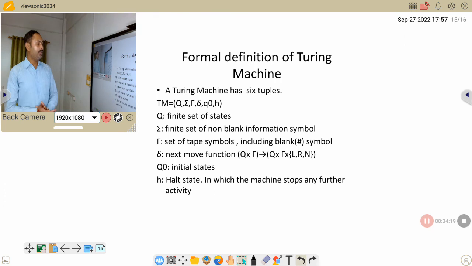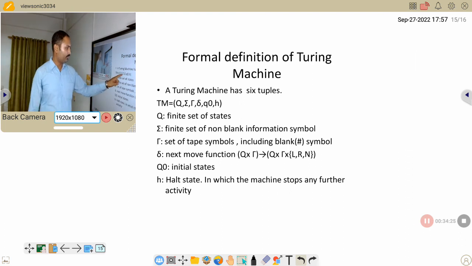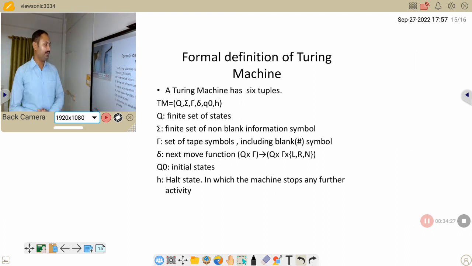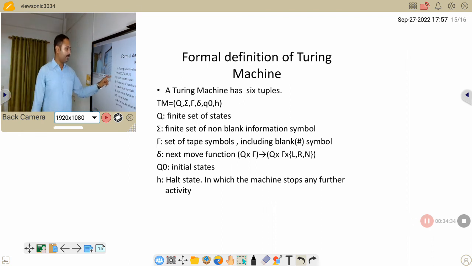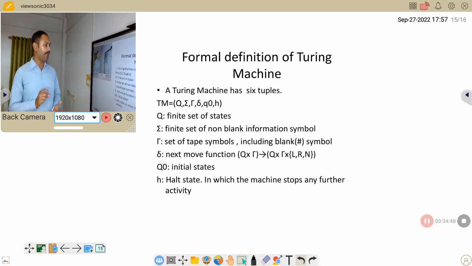So how can we define a Turing machine mathematically? These are the quintuples, 1, 2, 3, total 6 tuples. By using 6 tuples, we can define Turing machine mathematically. We know that Q is the finite number of states, sigma is the input symbol, delta is the transition function, Q0 is the initial state, and this symbol is known as the set of tape symbols.